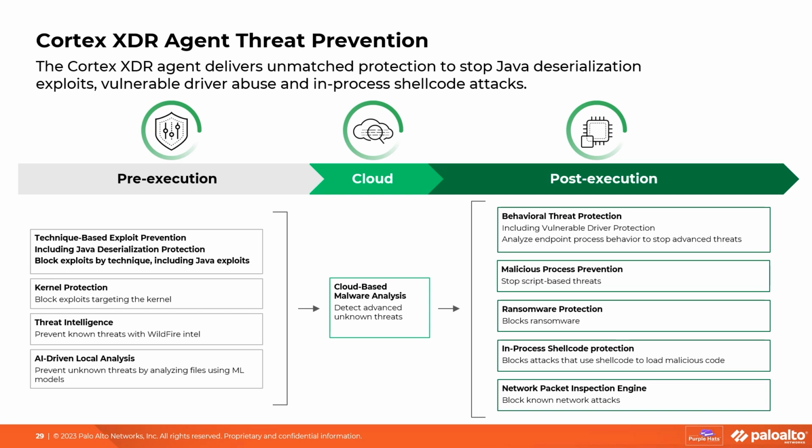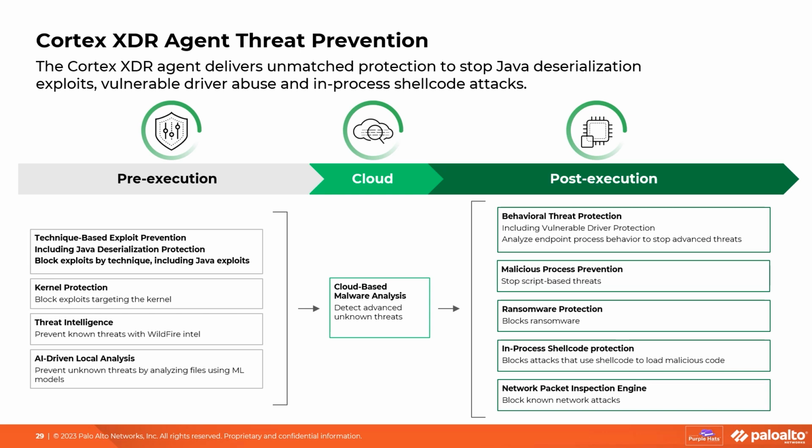Then we have the kernel protection that prevents exploits that are targeting specifically the Windows kernel or the kernel in every OS, not just Windows. We have threat intelligence capabilities allowing us to check every process versus a very large threat intel database telling us if that is a known malicious process.